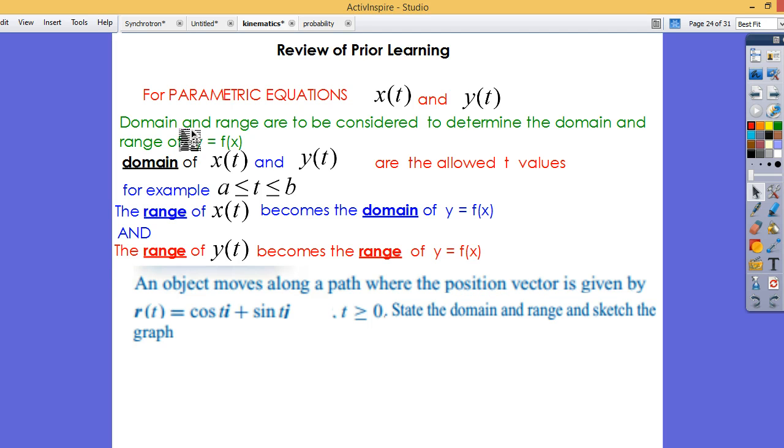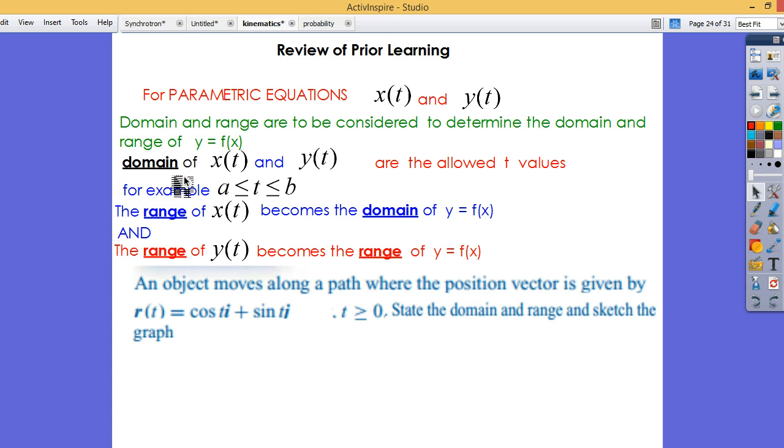So, quick review of what we've looked at previously with parametric equations. We've got two functions x and y with some parameter t. Now, we want to know something about the domain and range of our y is equal to f of x.